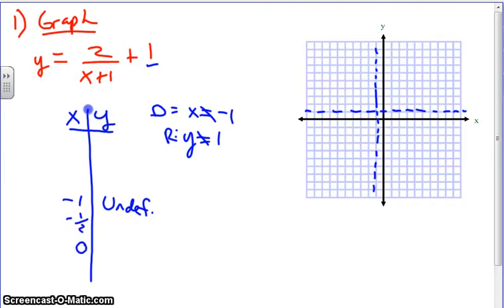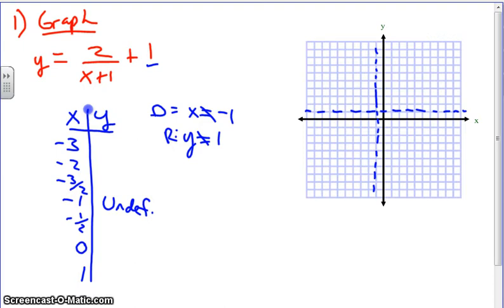And then a little bigger is 0, and then you could do whatever you want. You could go to 1. A little bit smaller than -1 is -1.5 or -3/2, whatever you want to call that. Then -2, -3. And that's probably enough information because you know what shape these are supposed to be.